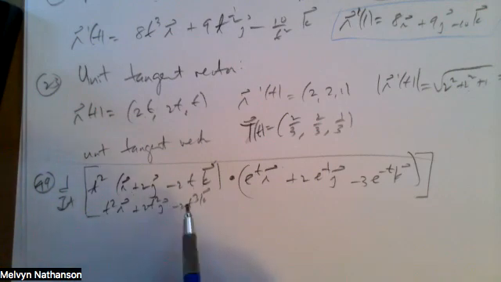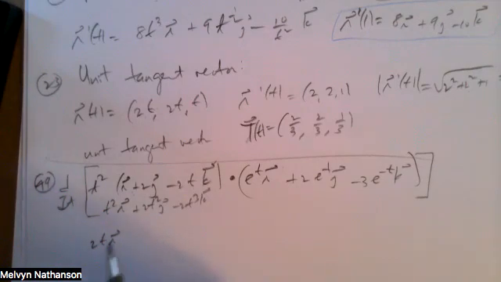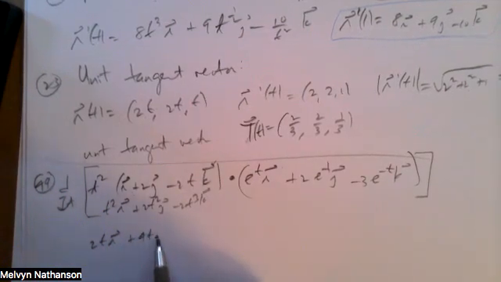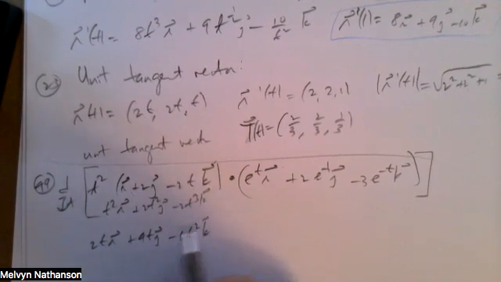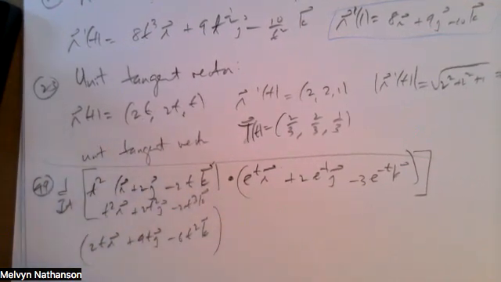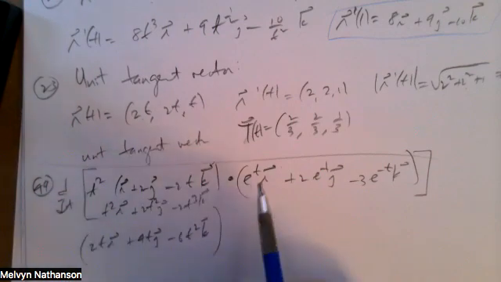So when I differentiate this, I get 2t i plus 4t j minus 6t squared k, dot product with the second function.